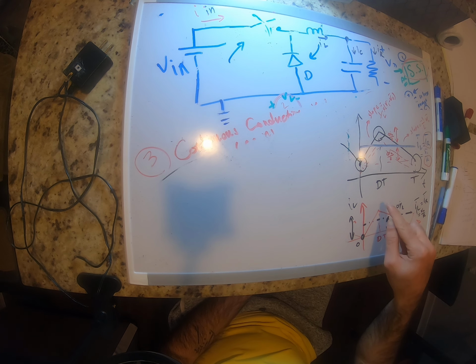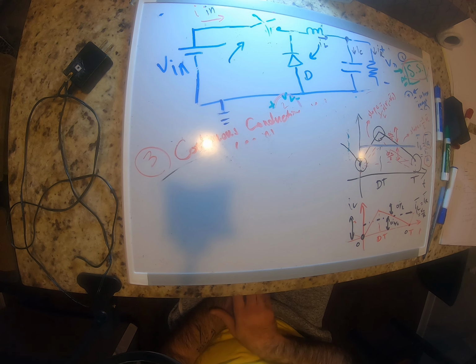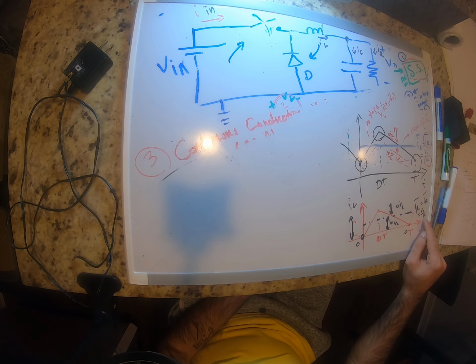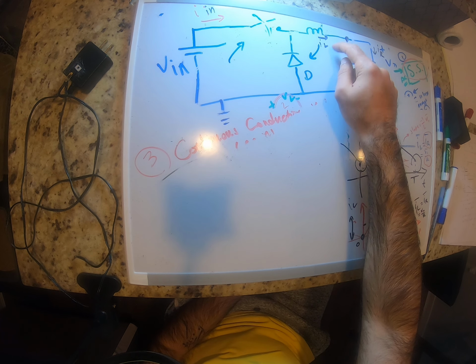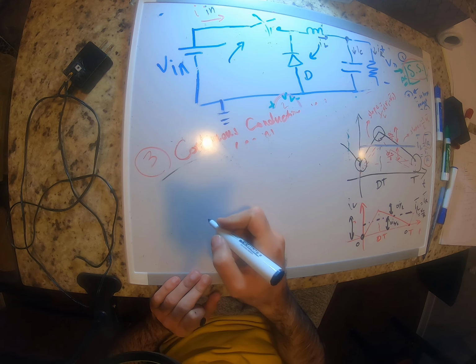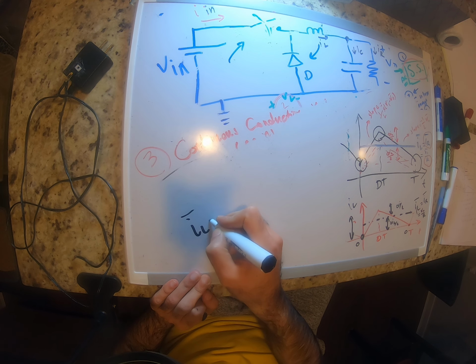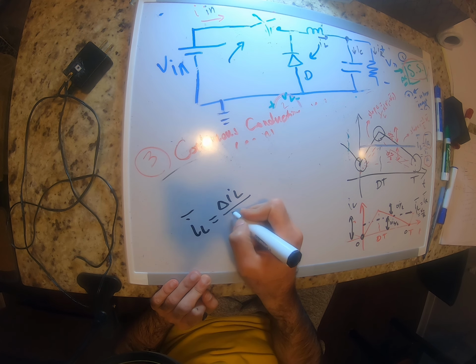I'm again going to use exactly the same shape. This time we have the resistor, we know what our resistor is, and we want to find the inductor that we should choose. So again, the same formula that we did before. IL average is equal to delta IL divided by 2.